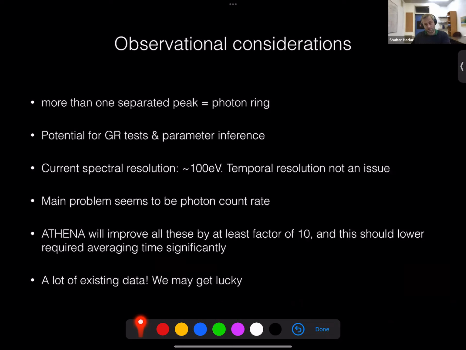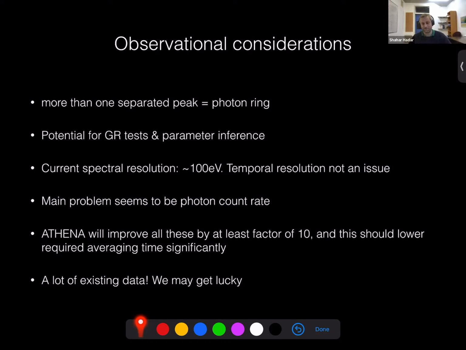Now, observational considerations regarding the spectro-temporal autocorrelation function. So again, I at least am not aware of any reason that if we see a clearly separated peak with statistical significance, it's not resulting from lensing.